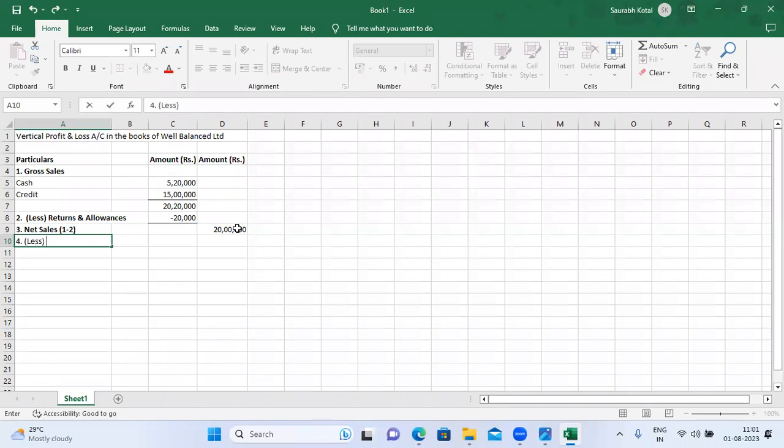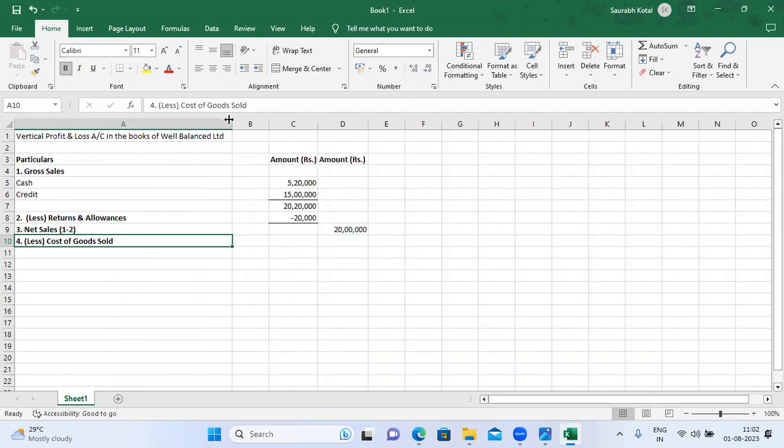What next? The next part is the part that we have to reduce, that is cost of goods sold. What are the things that we will include in cost of goods sold? Opening stock.